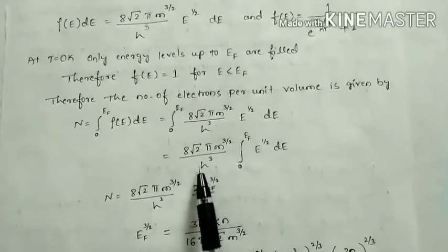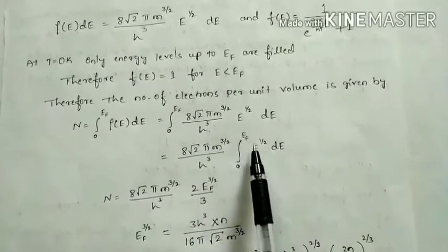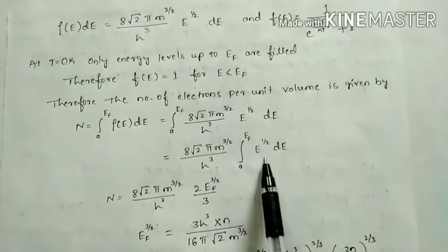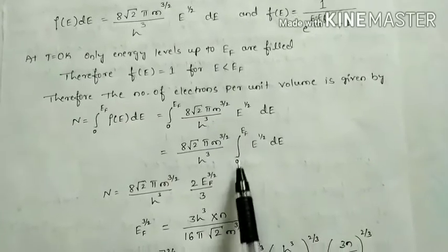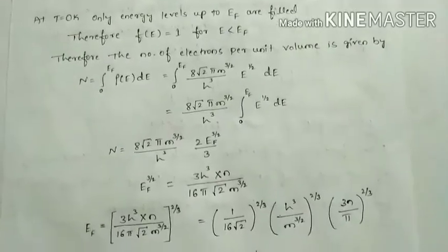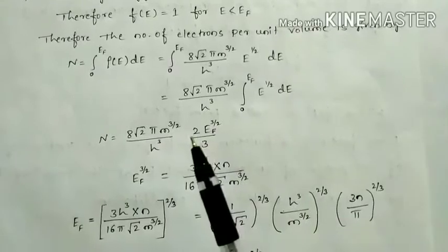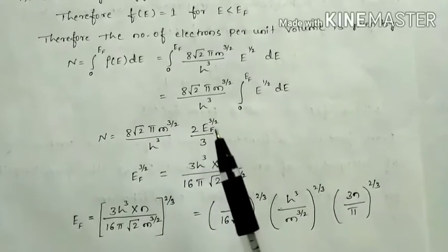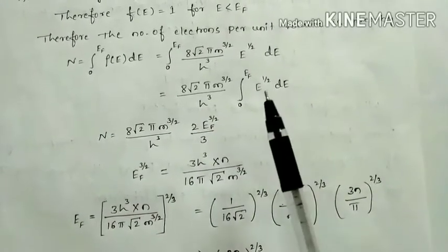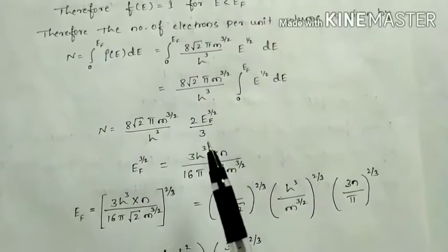So in this we will take out the common terms, 8 root 2 pi m raised to 3 by 2 divided by h cube, and we will integrate only E raised to 1 by 2 from limit 0 to EF into dE. Here when we integrate E raised to 1 by 2, we will be getting 2 by 3 EF raised to 3 by 2. This E is going to be EF because our limit is Fermi energy.